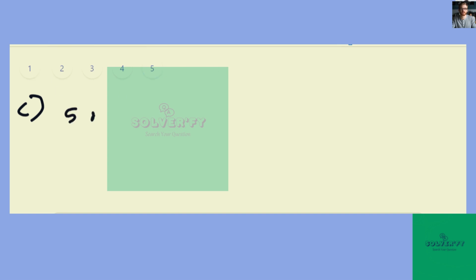So first, we can write 5 mole O2 reacts with 4 mole ammonia.